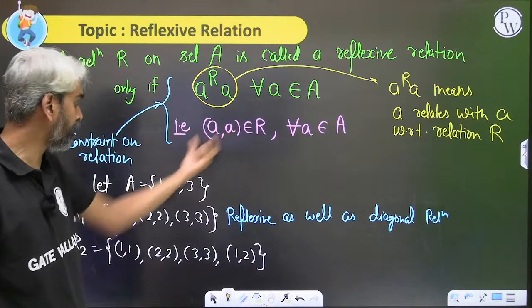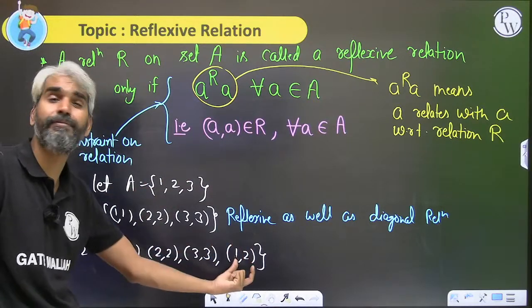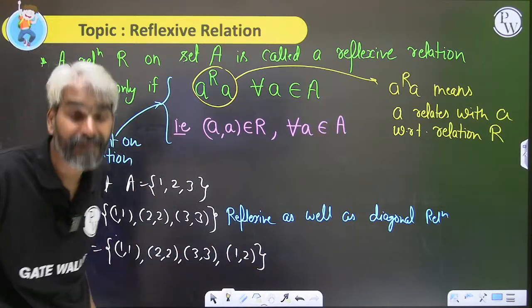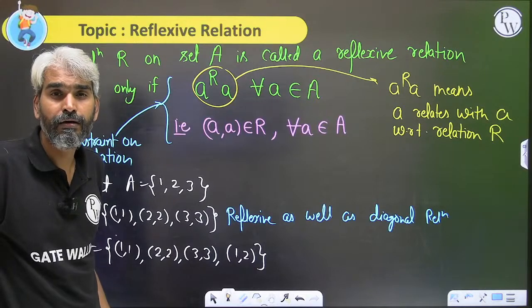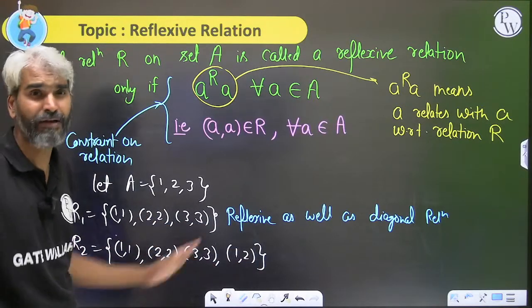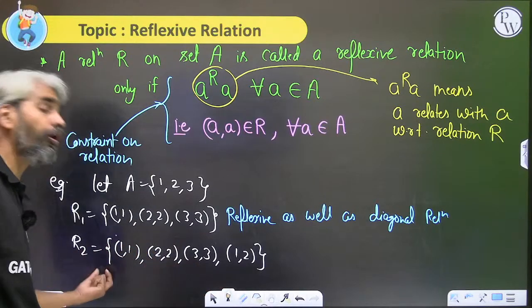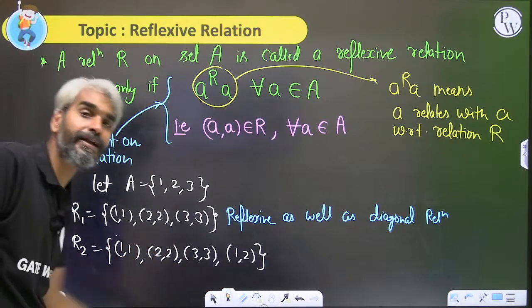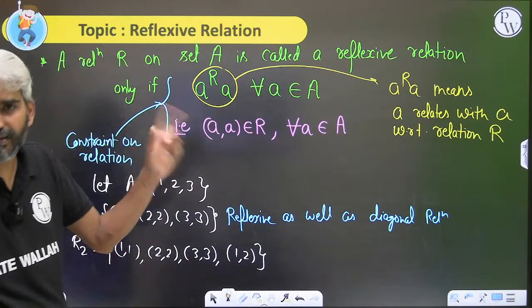That means all diagonal order pairs should be present. Apart from that, some other things may or may not be present. It's not defined. They may be present in the relation, they may not be, but all the diagonal order pairs must be present in the relation.